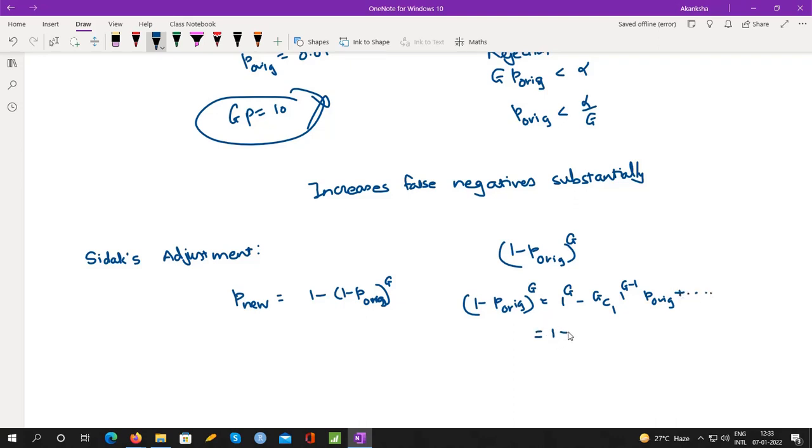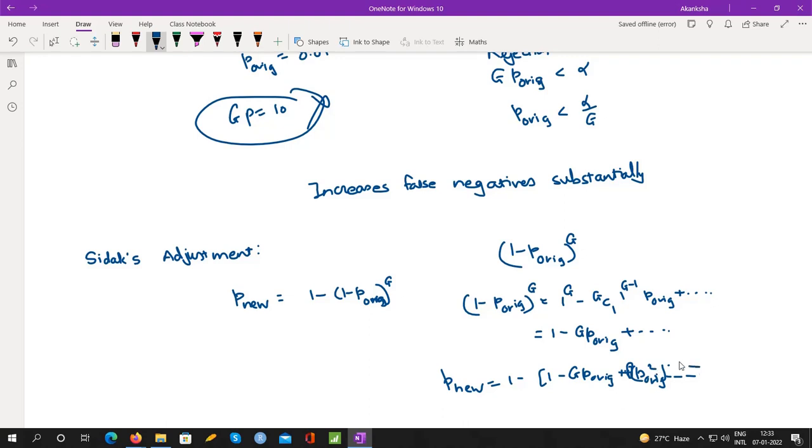So this is 1 minus G P original and some other terms. So when I write P new, it would be 1 minus G P original and terms containing P original square or higher, correct? Some terms containing, so I should write O of p original square.